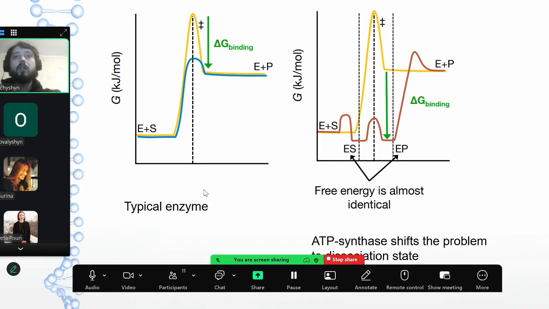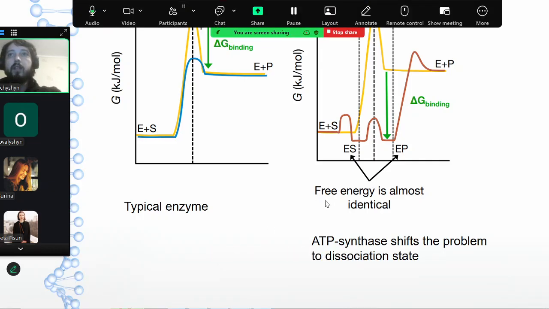Here is the scheme for a typical enzyme. So here we have free energy, here we have enzyme plus substrate, here we have enzyme plus product. And this enzyme helps to overcome this sort of transition state. What does the ATPase do?